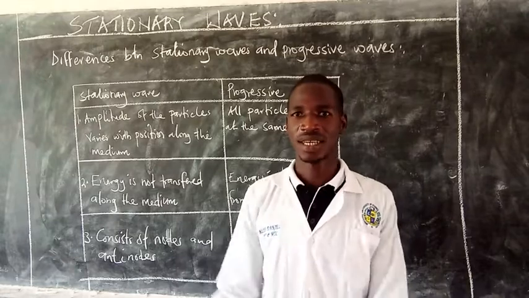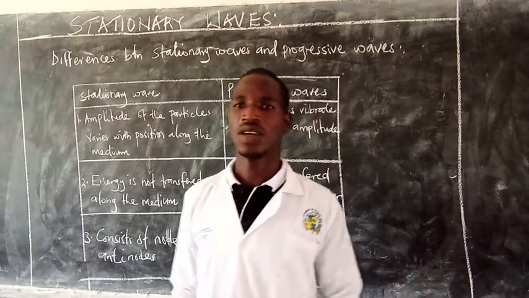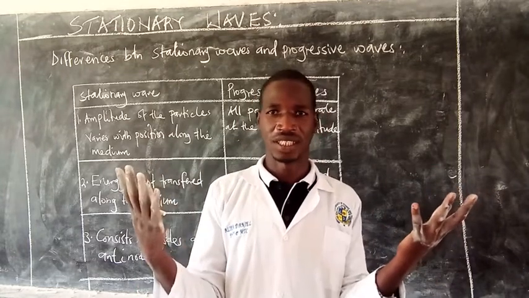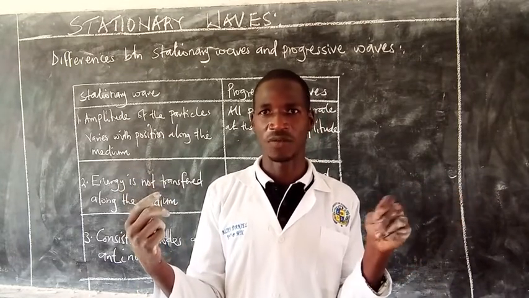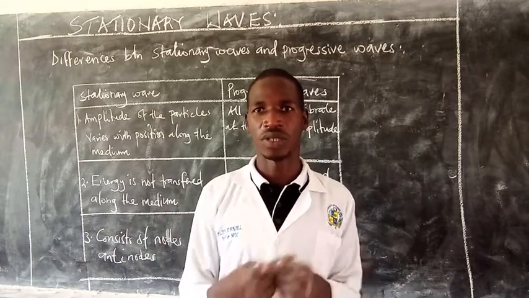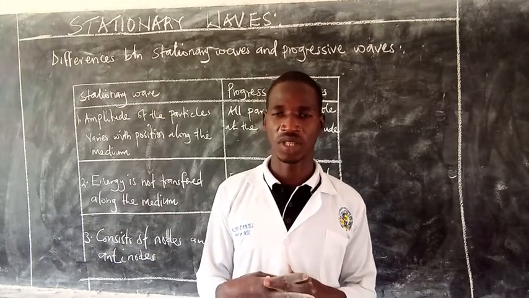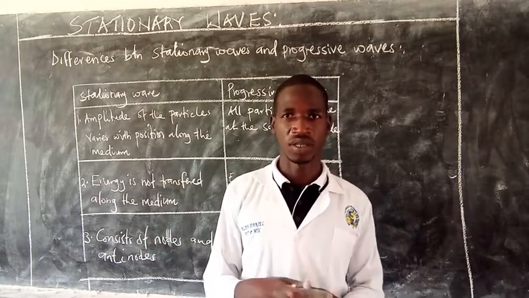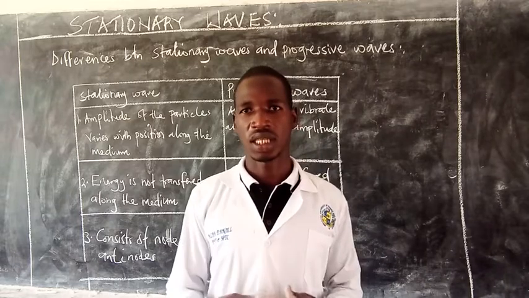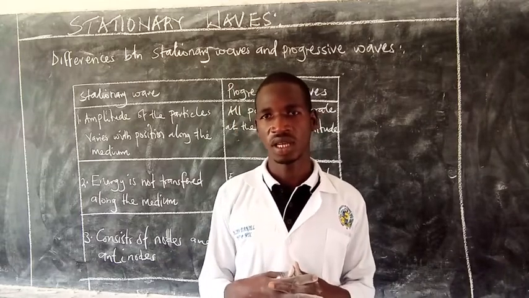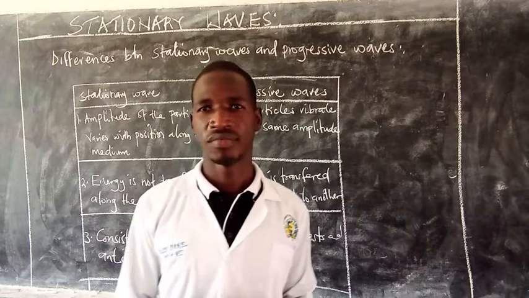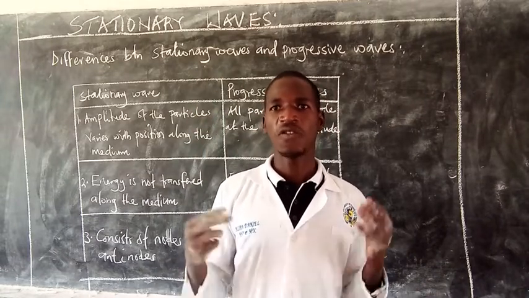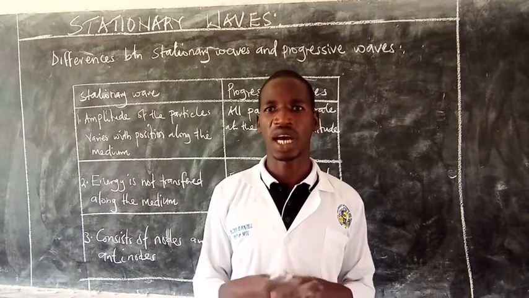Let's look at some of the differences between progressive waves and stationary waves. Of course, they are not the same, much as stationary waves are formed when two progressive waves superpose. One of the differences is that for a stationary wave, different particles of the medium vibrate at different amplitude.